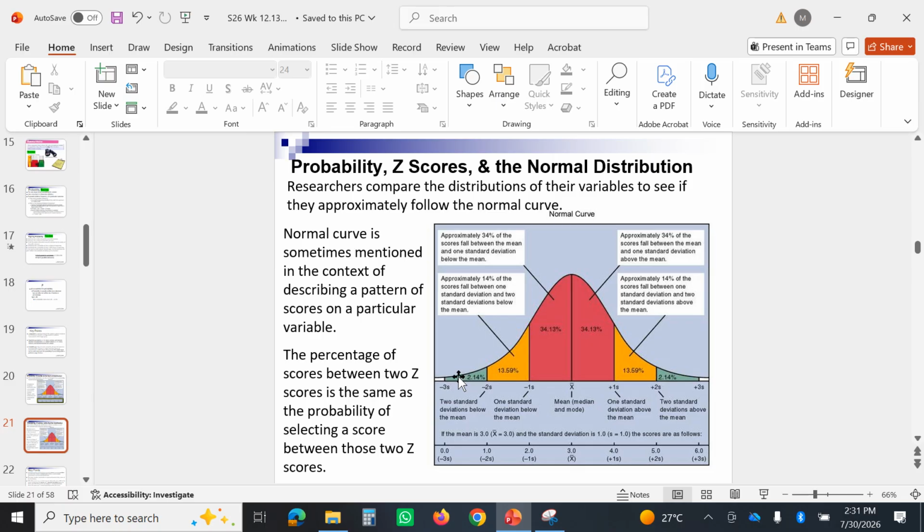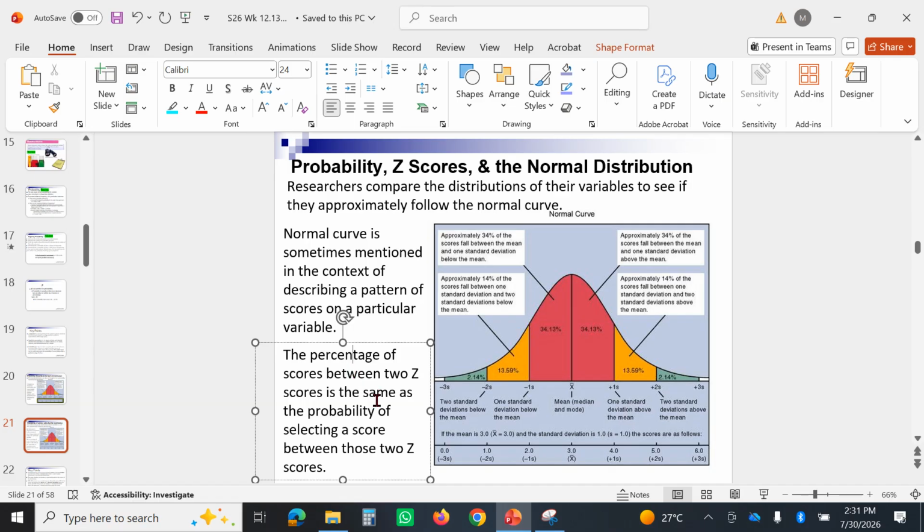But if you have what's called this Gaussian curve, now you can start to compare apples and oranges, because you have enough participants in your study that any type of study you do with enough participants should come up with this Gaussian curve. The normal curve is sometimes mentioned in the context of describing a pattern of scores of a particular variable.